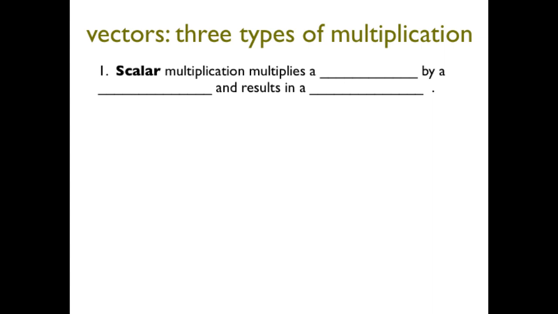Yeah, so it multiplies a scalar by a vector and results in a vector. He wants a scalar times a vector resulting in a vector. Agree with that?